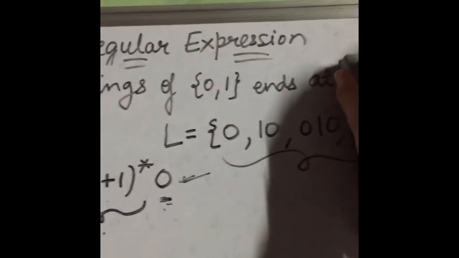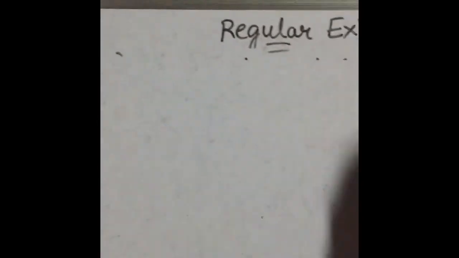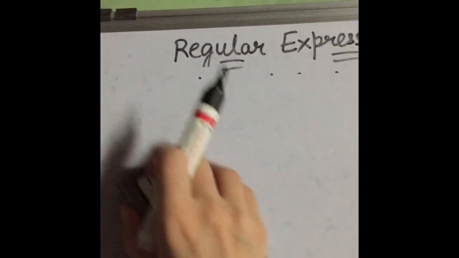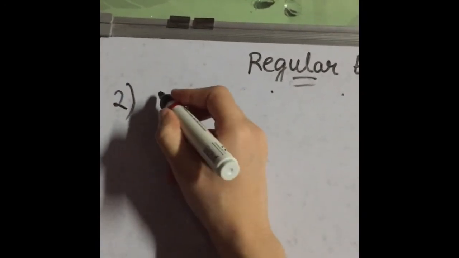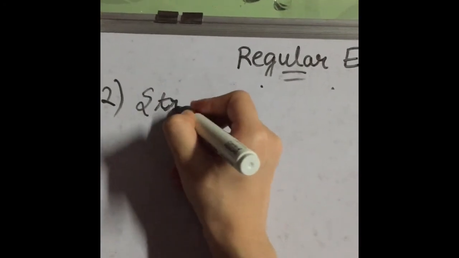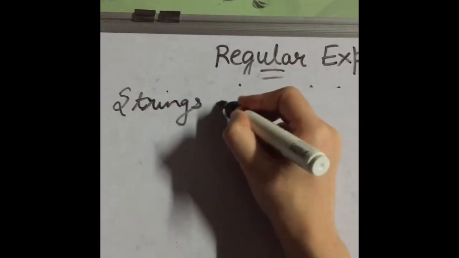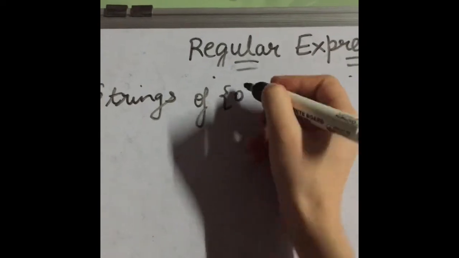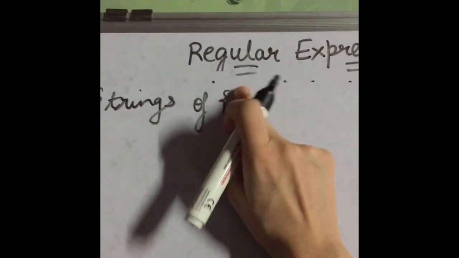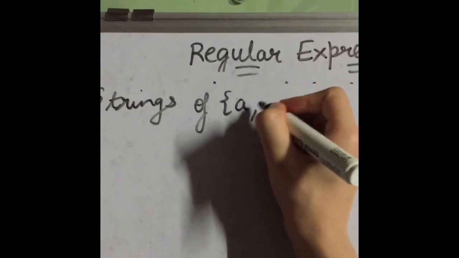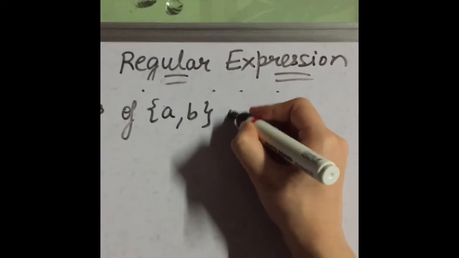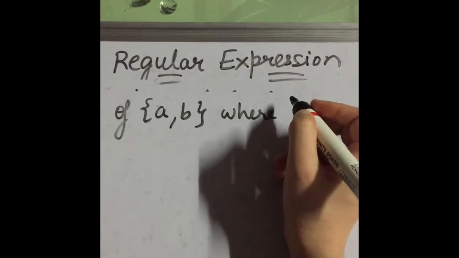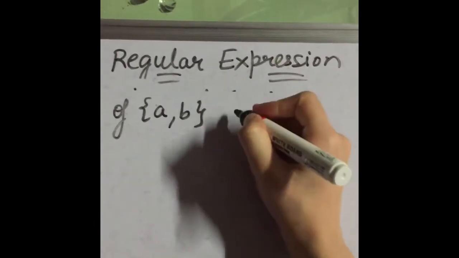Likewise, the second example is strings of a and b with at least one a in each string.